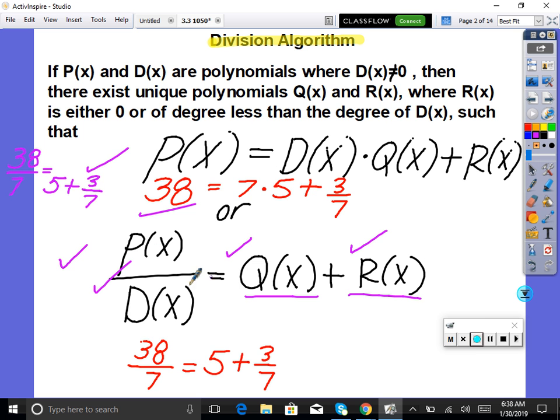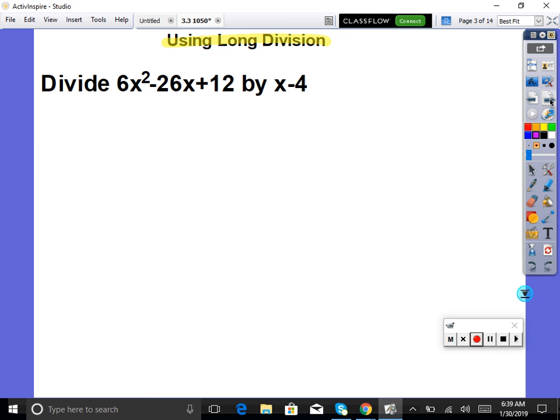Since we did 38 divided by 7, and it came out to be 5 with a remainder of 3 over 7, isn't it also true that 7 times 5 plus the remainder equals 38? It's just writing it out differently, because it's going to ask us to do that, so I just wanted you to see that they're the same thing. It's going to make more sense once we see some examples of actual polynomials.